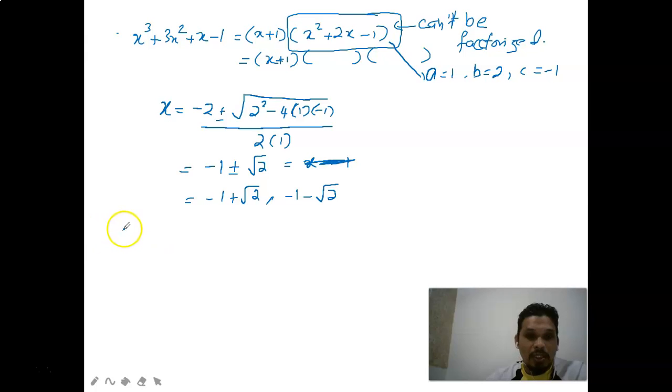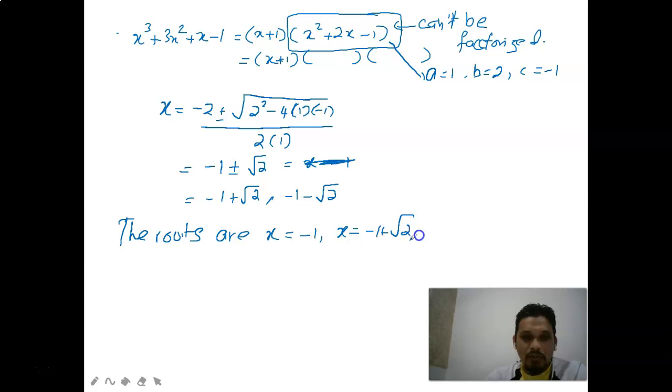So the roots are x equal to negative 1, x equal to negative 1 plus square root of 2, and x equal to negative 1 minus square root of 2. Okay?